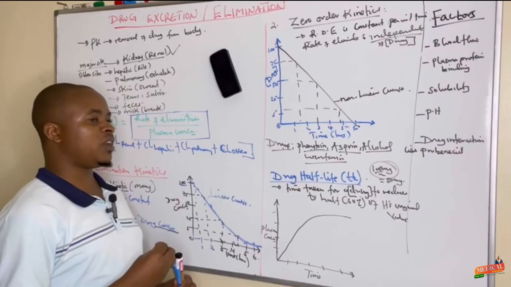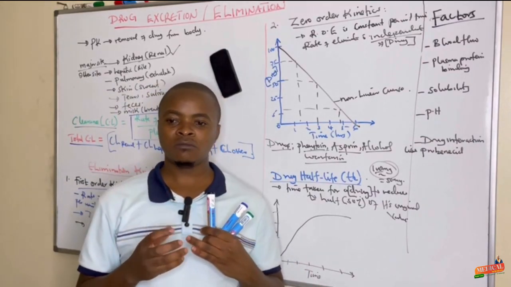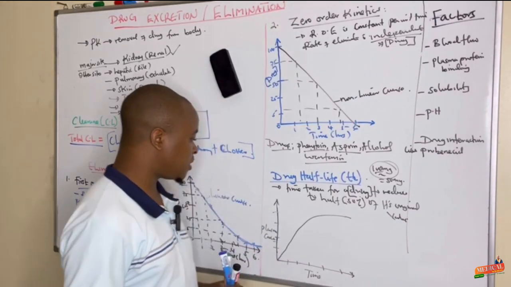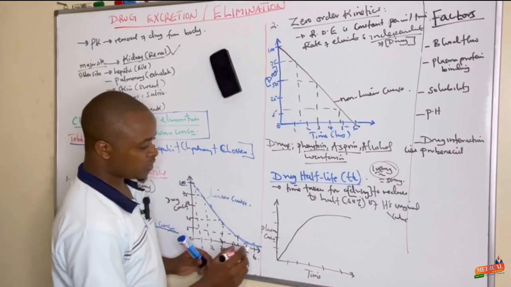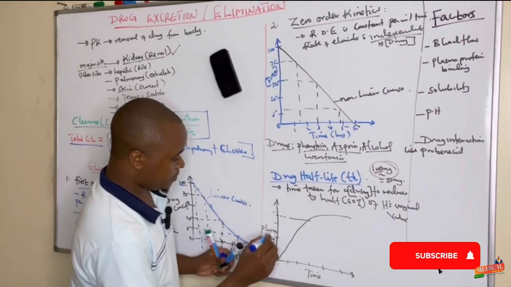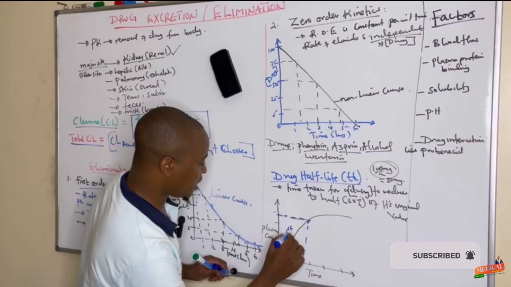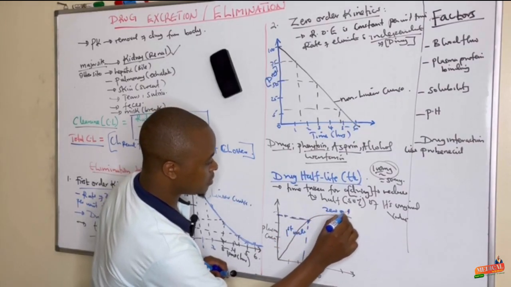And this drug half-life is the one that enables us to understand the interval between different doses of a certain drug. Because if we are applying first order and zero order kinetics, we are going to see at the first point here, this is the first order kinetics, then this is zero order kinetics.